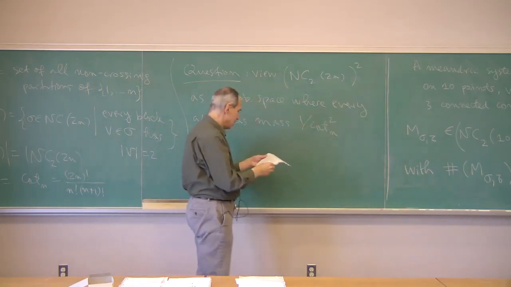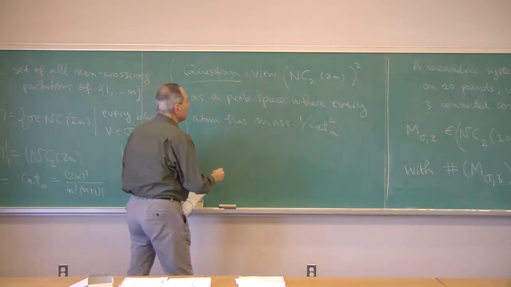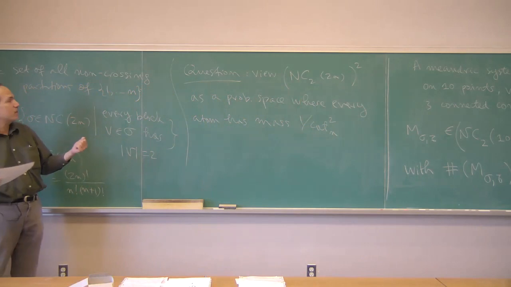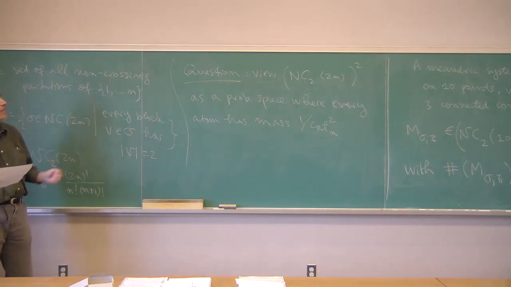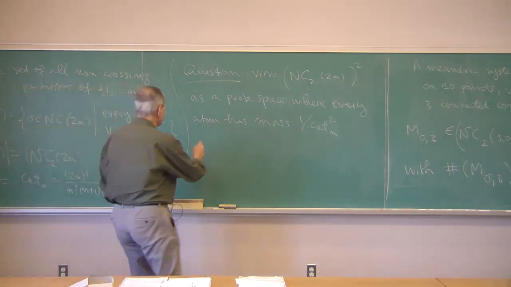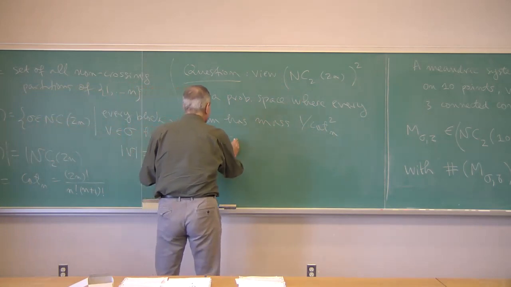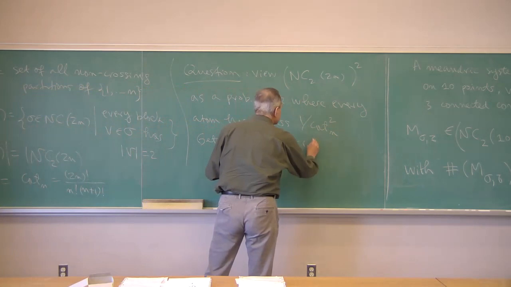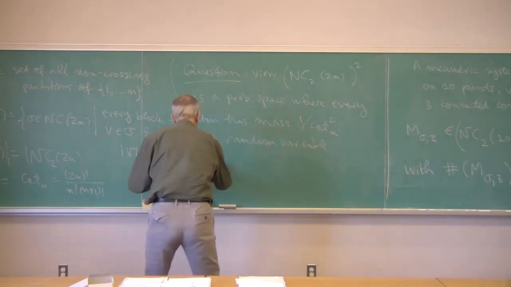Then counting the number of components of a meandric system becomes a random variable in the usual sense. Let me call it Xn.